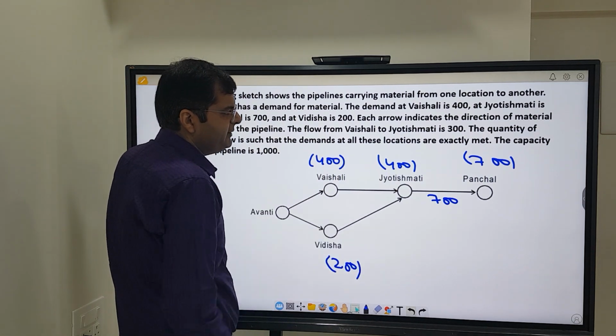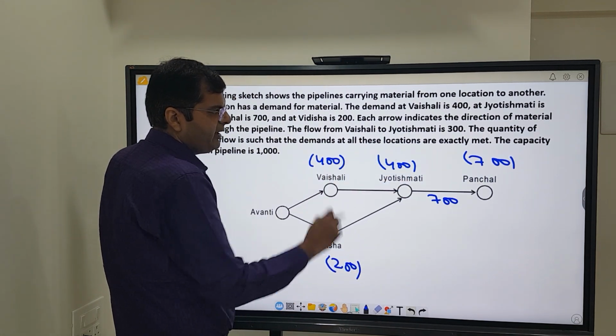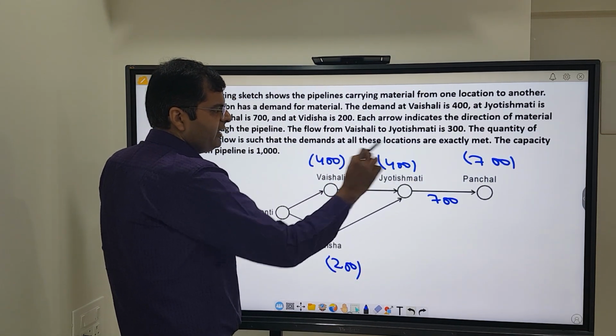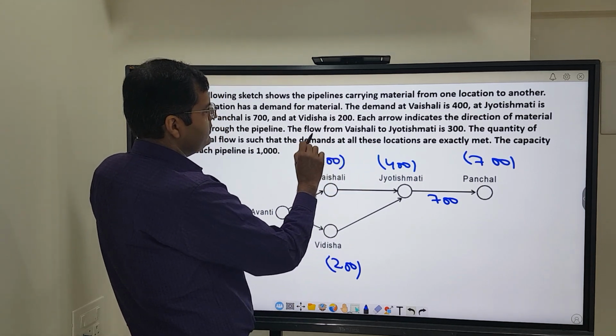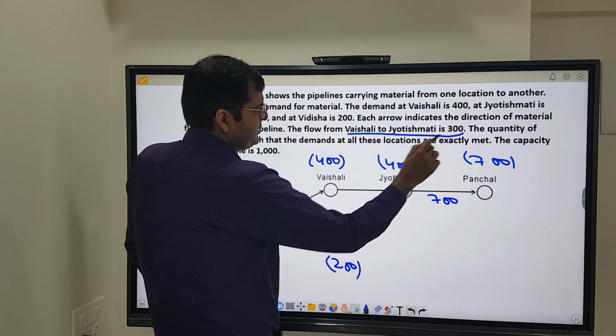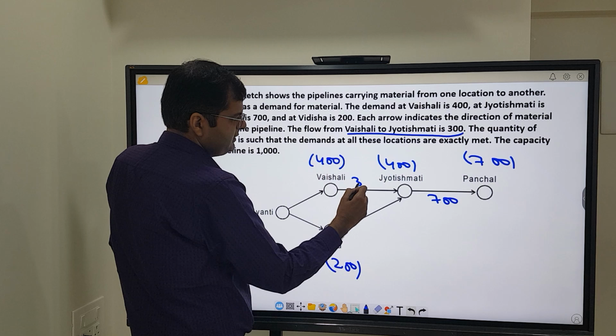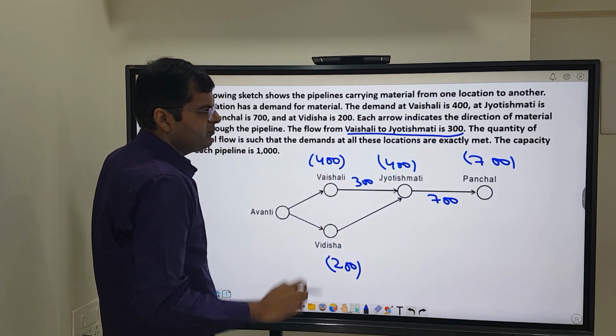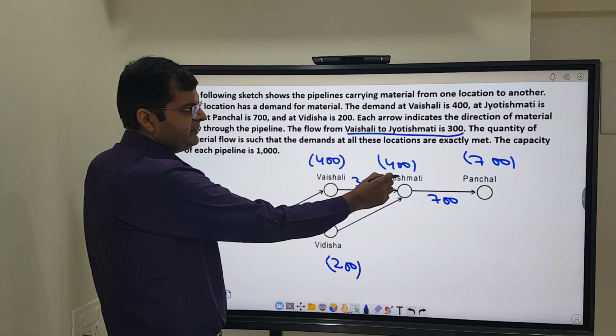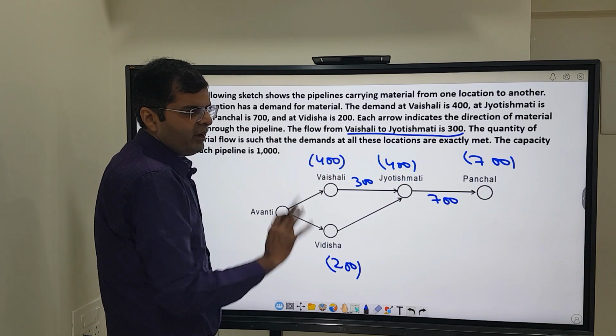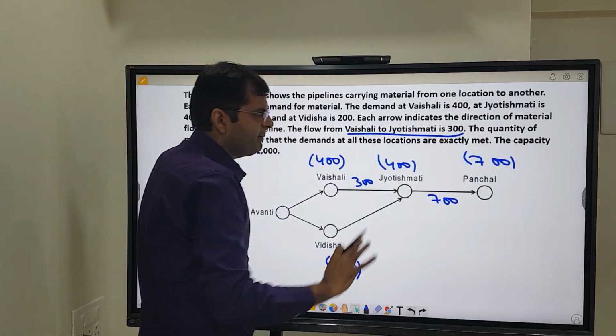Now Jyotishmati has a 400 requirement. So 400 is required for Jyotishmati. Also it has been given that the flow from Vaishali to Jyotishmati is 300. So that means here it is 300 in this direction. Now if you look at it, 400 is Jyotishmati's own requirement, and 700 it supplies.